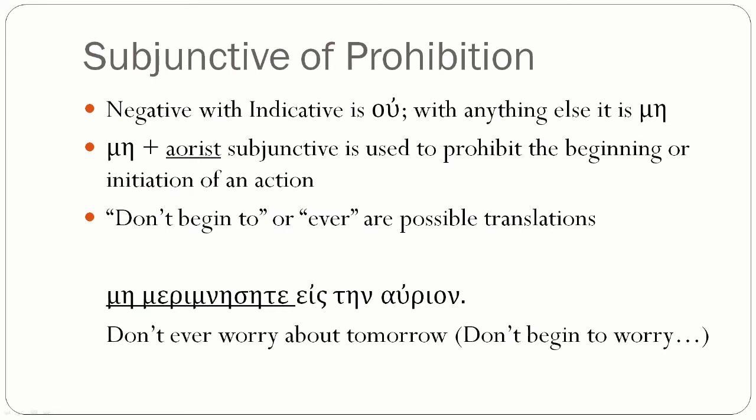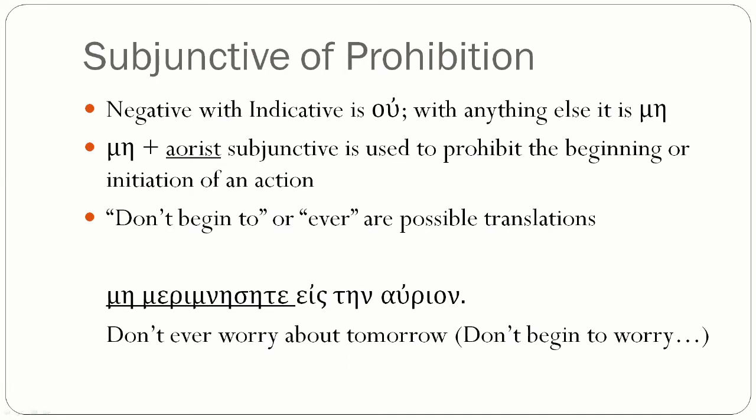But really, this is an aorist. You can see the sigma there, right? Merimnesete gives you me plus the aorist. So a possible translation of this would be something like don't start to worry, don't ever worry, about tomorrow. Okay, you should not begin to do this action, because Jesus says it's kind of pointless.